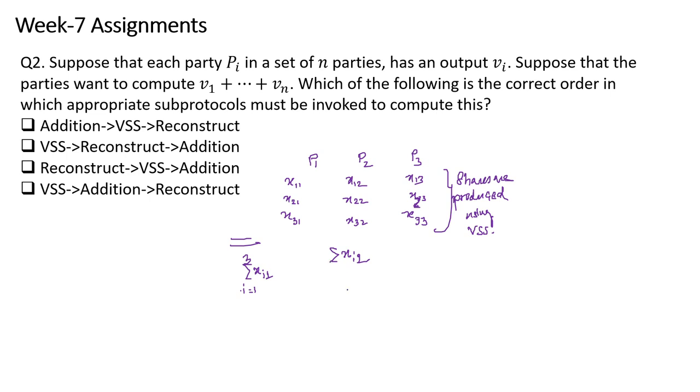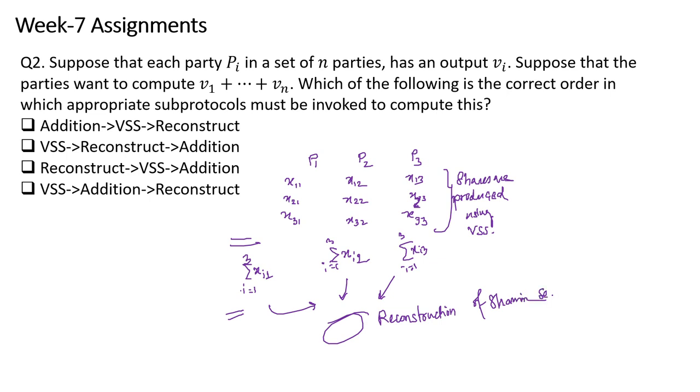So each party will partially compute its corresponding addition on their respective shares, and once that is done, then all of them can be combined together according to reconstruction of the Shamir secret sharing scheme. Right? So this means that first we need VSS, then we do addition, and then we do reconstruction. So this is the correct option.